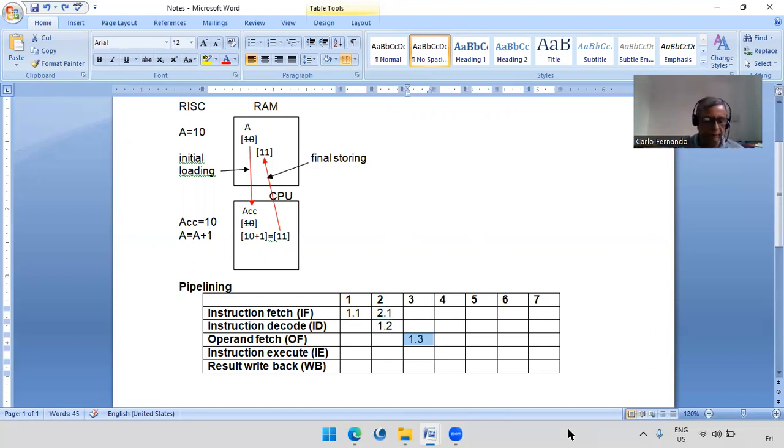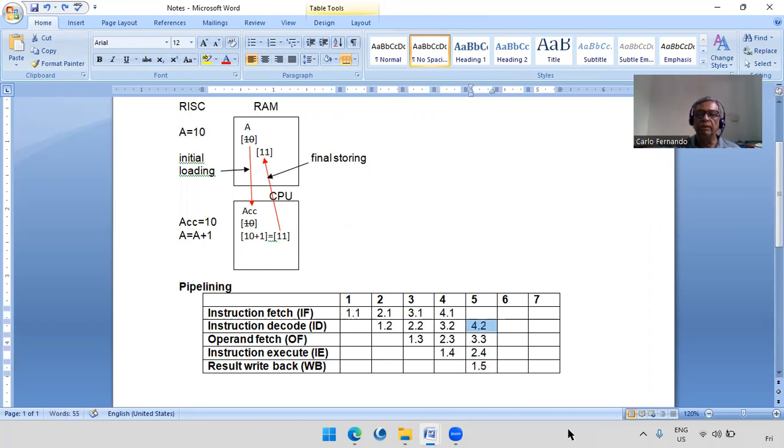In the next clock cycle, the second stage of the second instruction is taking place, enabling the third instruction to enter. So it goes on like that, 1.3, 1.4. Then the second instruction, the next stage, third instruction, the next stage, the fourth instruction enters, and the last stage of the first instruction.